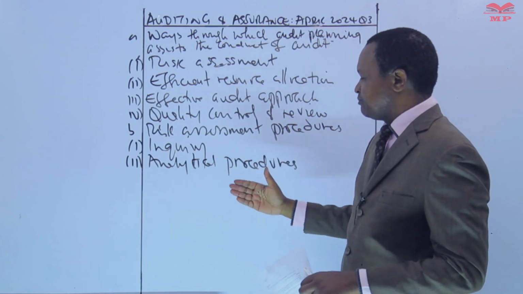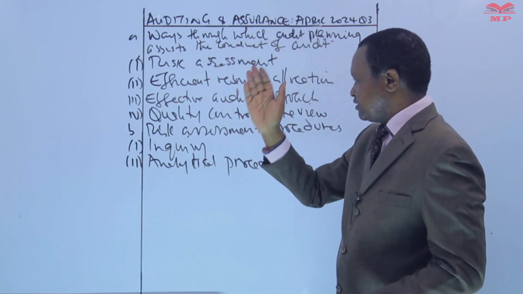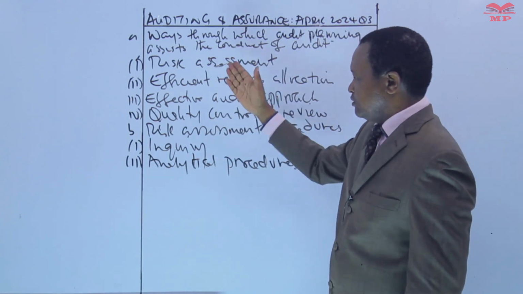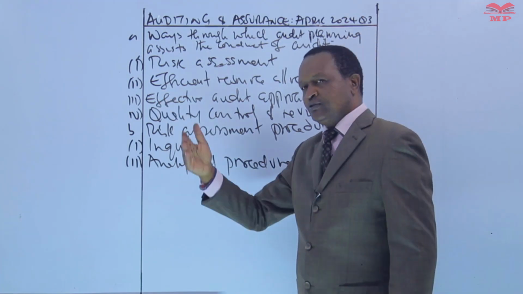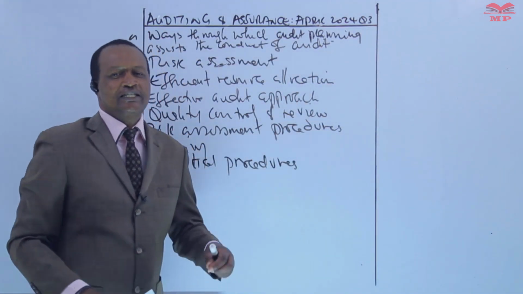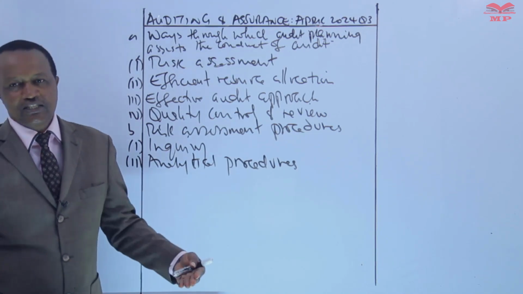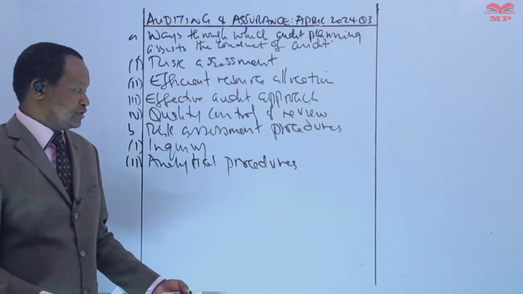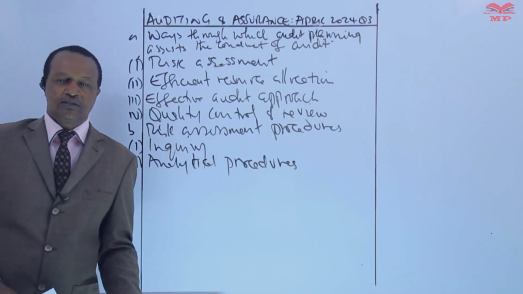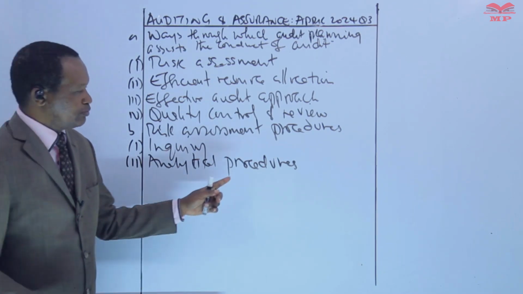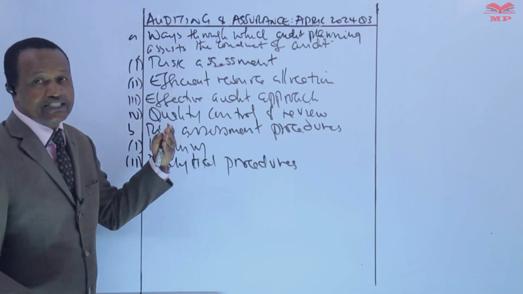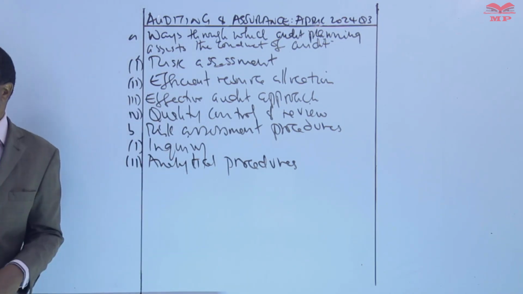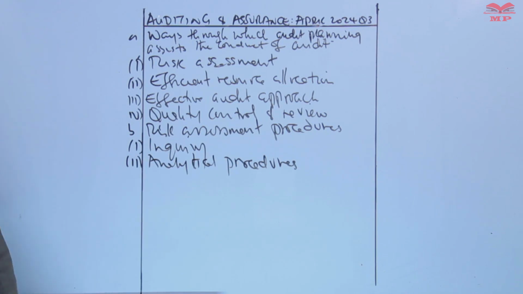So by comparing financial data, current with the budgeted data, current with industry benchmarks, the auditor can identify inconsistencies or even unusual fluctuations. You understand? Analytical procedures is a procedure that can be used in assessing risk. You understand? Inspection. Correct.